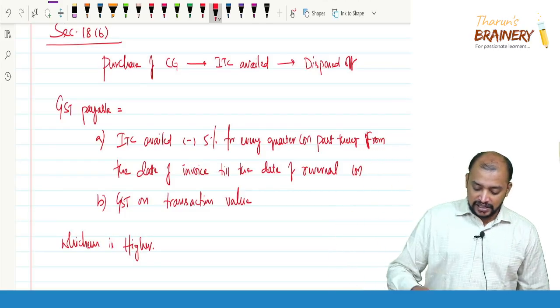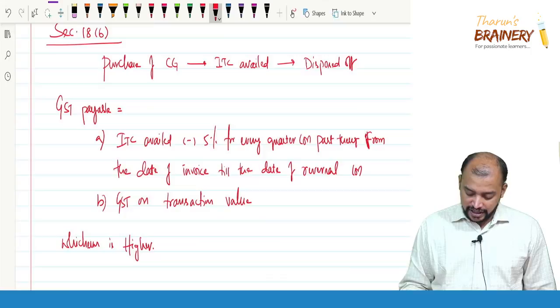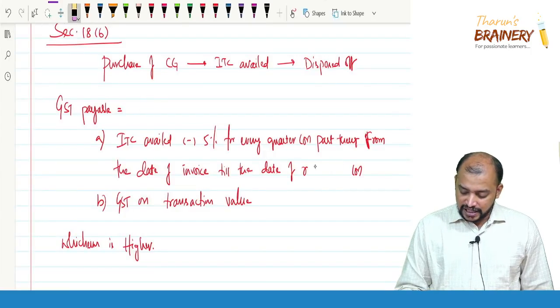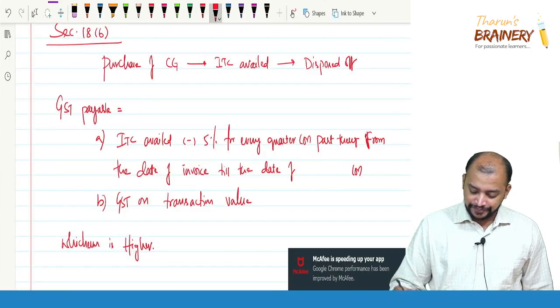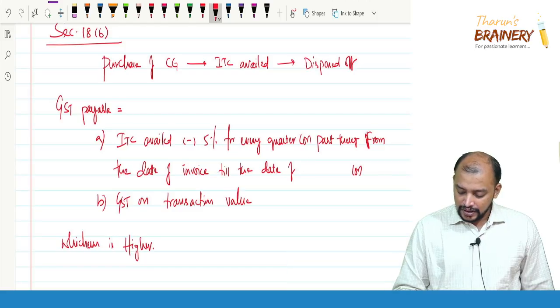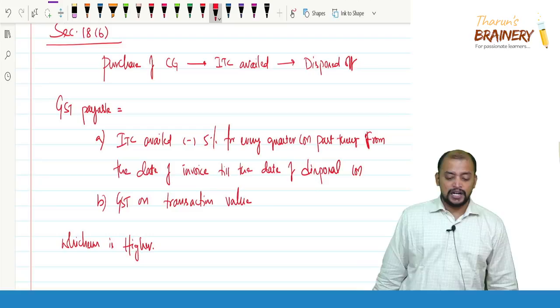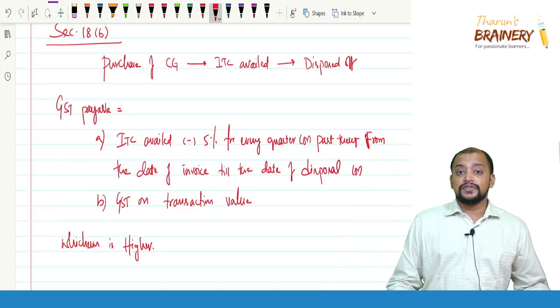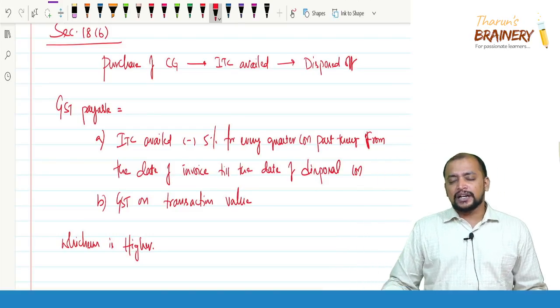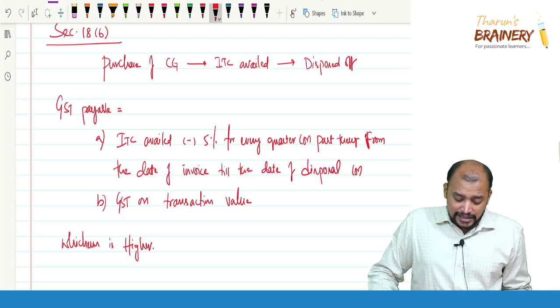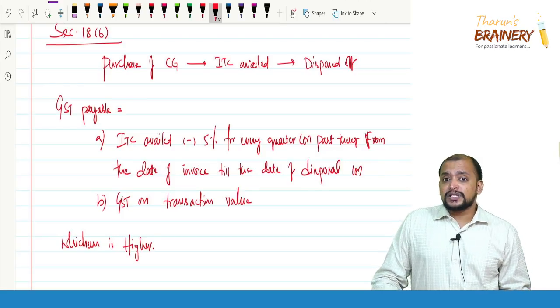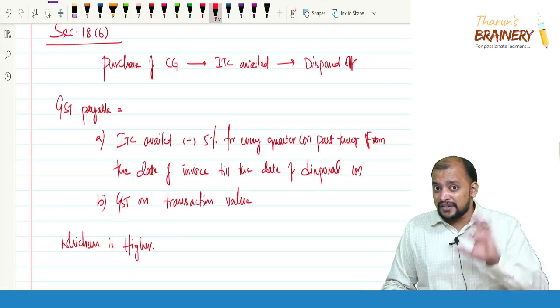Otherwise, A or GST on transaction value, whichever is higher, should be taken. Suppose the transaction value is not there, then only A will be applicable.